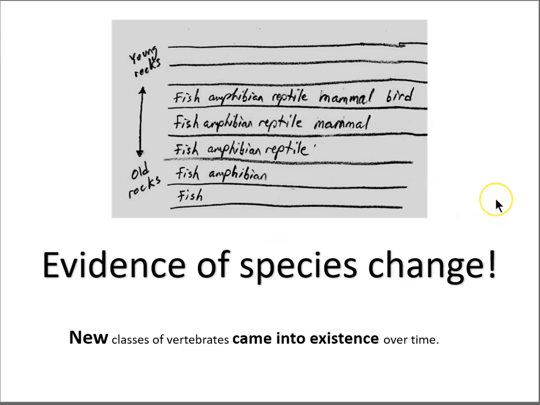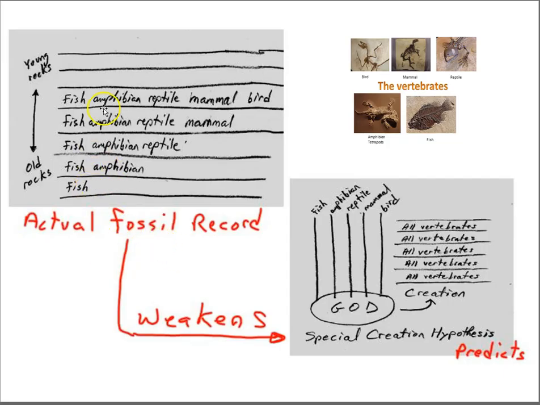Now, here's where we're going to see how this pattern of fossils can weaken the Christian worldview. Because notice then, the actual fossil record shows new classes of vertebrates coming into existence. Now let's compare that to the prediction from the special creation hypothesis. If God really had made all the different kinds of species at some point in the past, and they had never changed, then we would predict that all of the 5 classes of vertebrates would be found in all the rock layers.